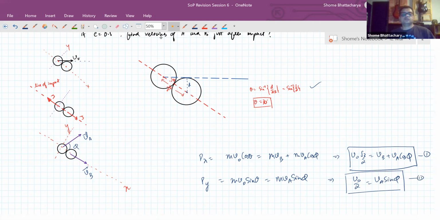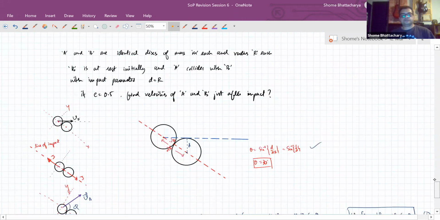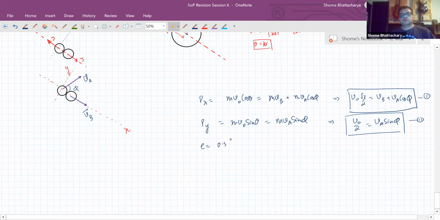And now we'll use the coefficient of restitution concept. For the coefficient of restitution, e is given to us in the problem as 0.5. So separation velocity should be equal to 0.5 times approach velocity. The separation velocity we can see in the second diagram is vB minus vA cos phi.